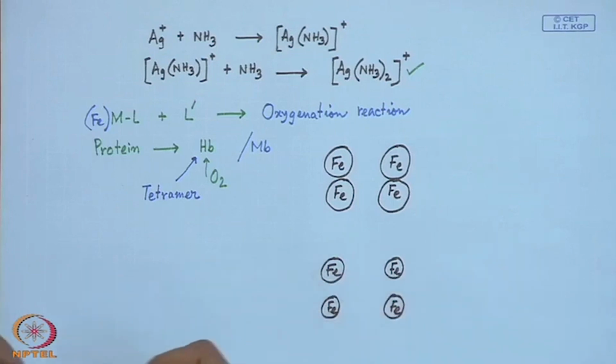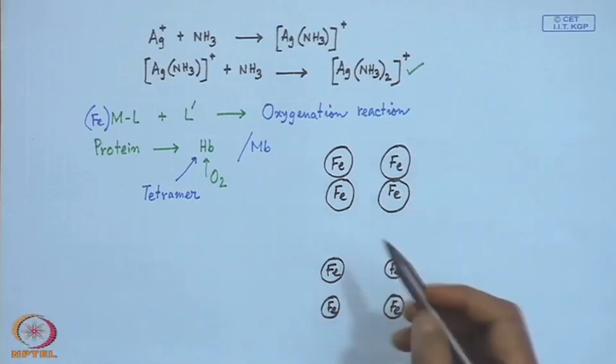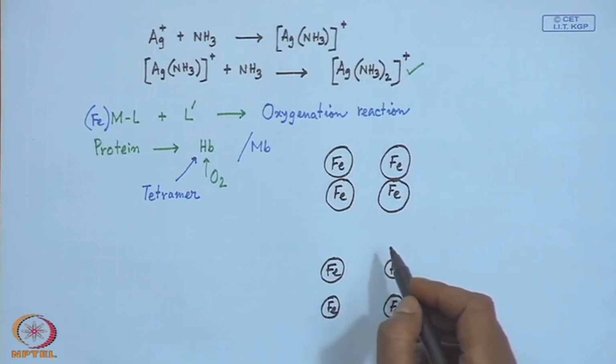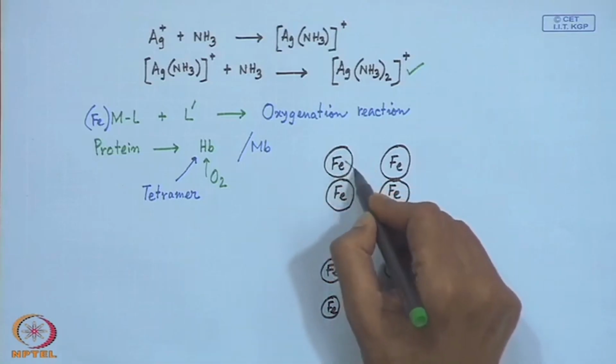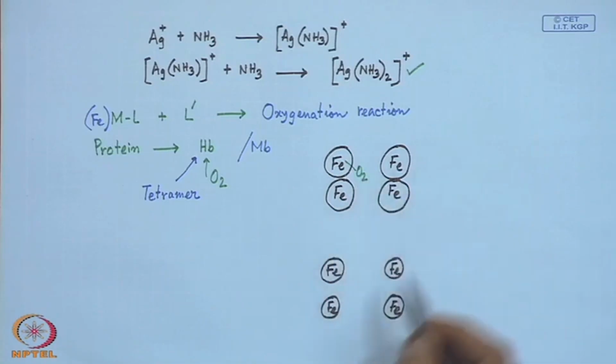So, this oxygenation reaction of the tetrameric hemoglobin molecule can be considered as a corresponding binding of the O2 in a stepwise manner.